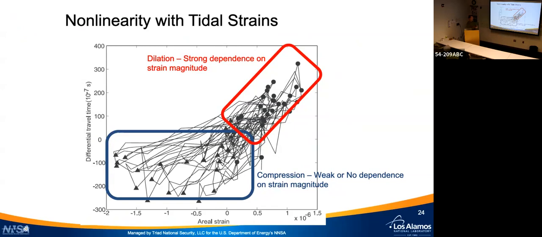That means as it extends, it gets softer, the travel time goes up, and it looks like a roughly linear relationship between the two. But on the compression side, the reduction in the differential travel time doesn't seem to be sensitive at all to the level of strain. So there's this asymmetry where there's a strong dependence on the strain magnitude when you're in dilation, but not when you're in compression.